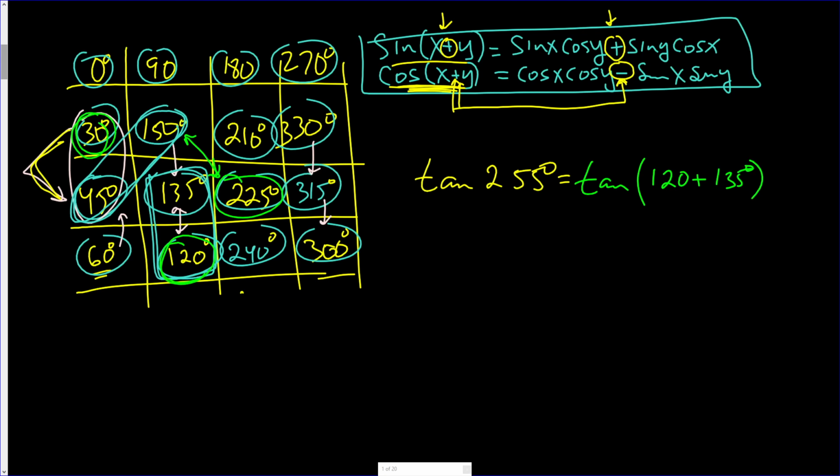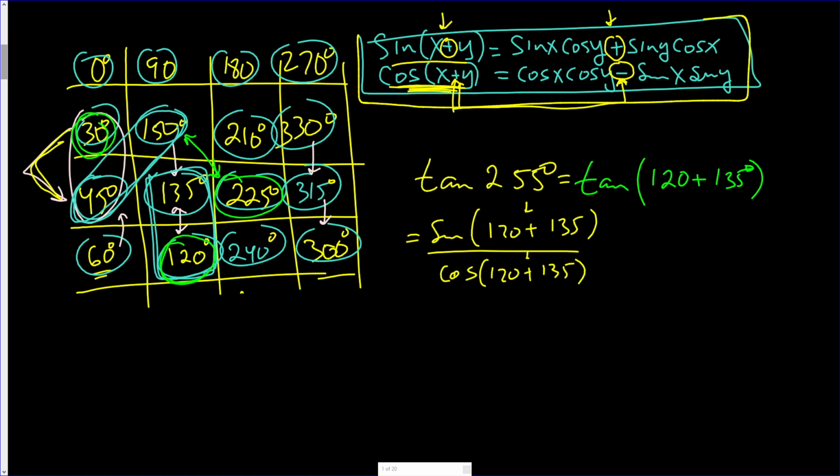Okay, now either we use the tangent formula or we don't use the tangent formula. If you don't want to use the tangent formula, just remember that this is just the sine of 120 plus 135 over the cosine of 120 plus 135. Since it's plus, we have those two formulas right here. In both cases, x is 120 and y is 135.